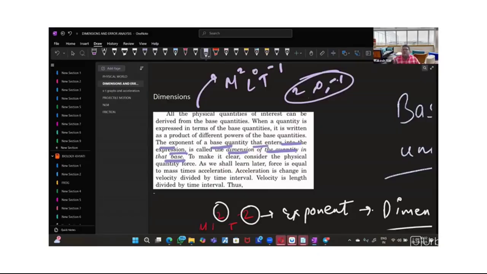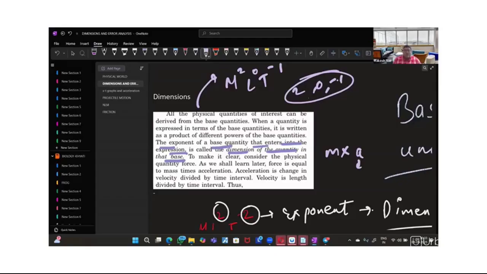To make it clearer, consider the physical quantity force. Force is equal to mass times acceleration. Now, what is acceleration? Meter per second square. It's the distance traveled per second square, meaning the rate of change of velocity.